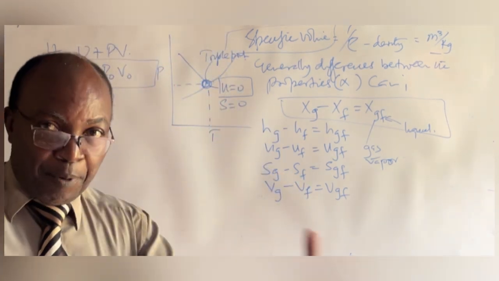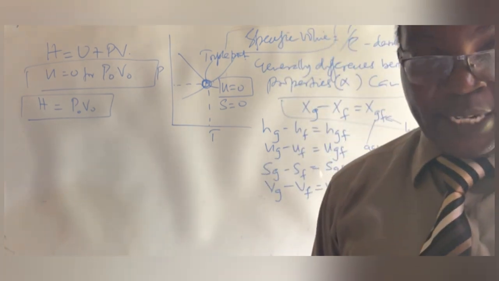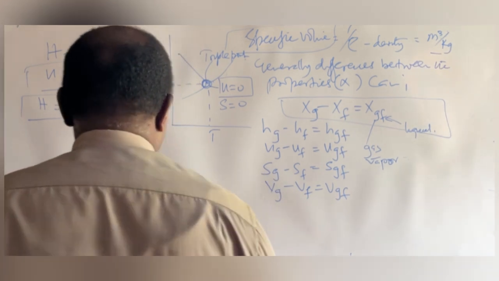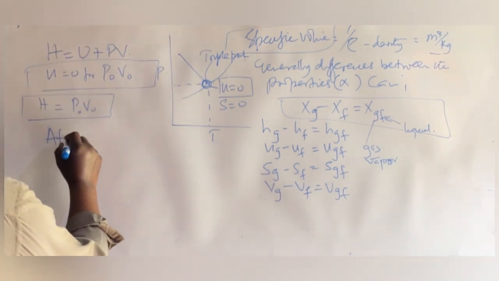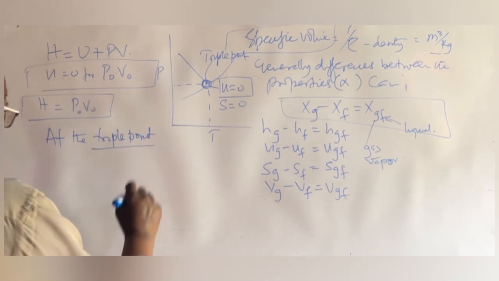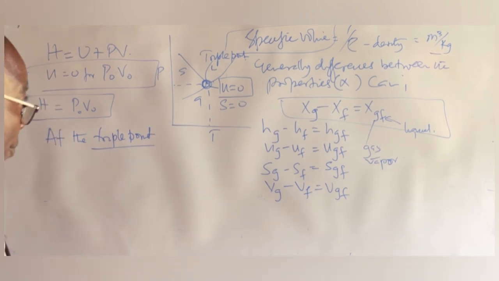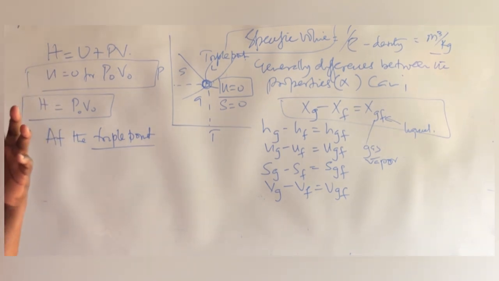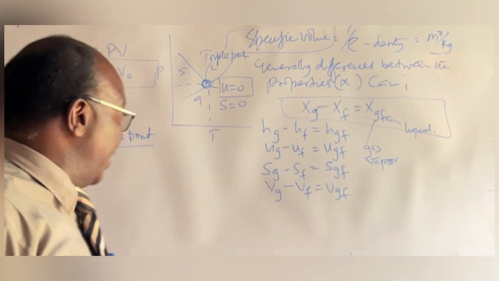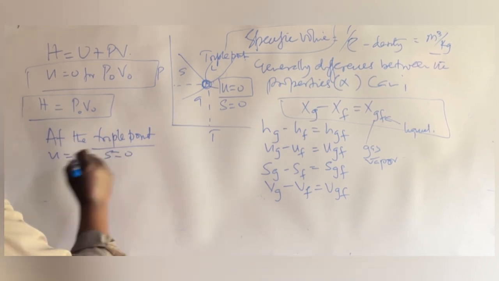That is, at the triple point, it is assumed that U, the internal energy, is 0 and S, the entropy, is 0. So what does that mean? Remember that's where the solid, liquid and gas coexist together in equilibrium. Their chemical potentials are the same and so forth. And we had seen the reference to the pressure of the triple point and the critical pressure. Now we are saying at the triple point, U is equals to 0, S is equals to 0.